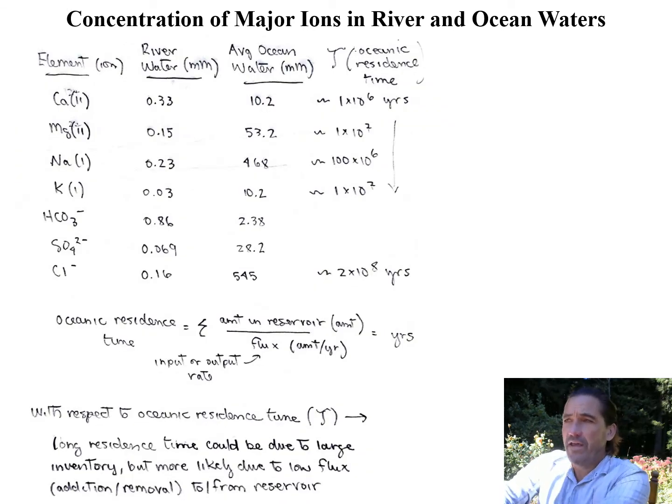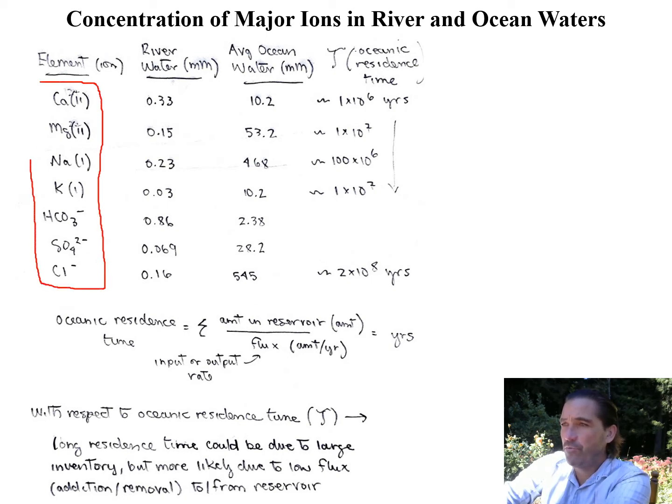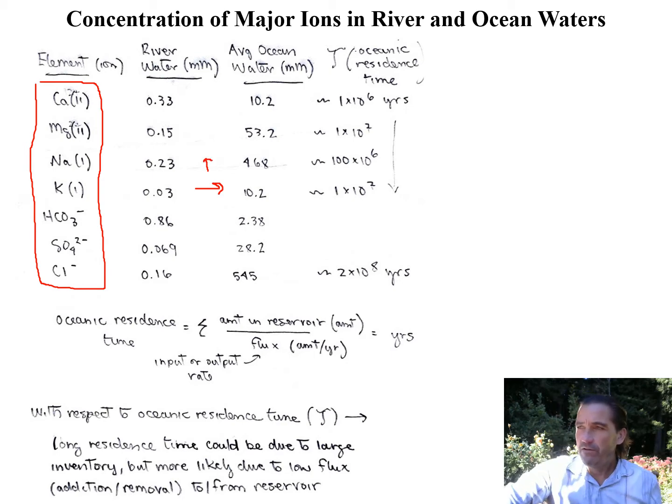So now let's look at some of these elements and their concentrations within ocean water and river water. So let's do a quick comparison. With respect to the elements that I have listed here, in all cases, we see an increase in their concentration when we compare river water to ocean water. So the ocean contains much more of all of these ions than does the river water.